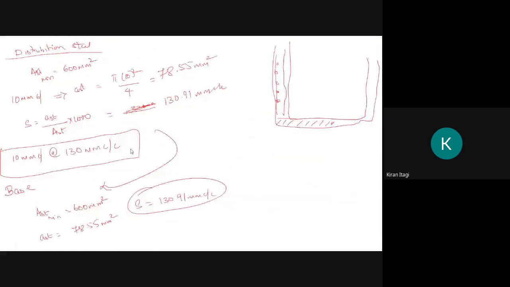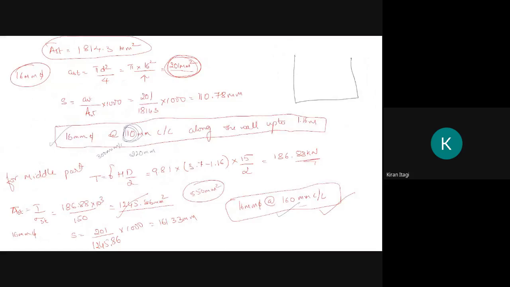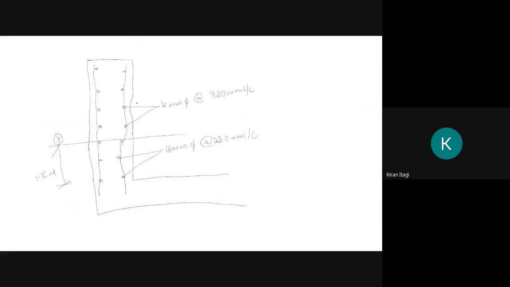Even in a retaining wall, for curtailing also we have shown the double spacing. This is for single facing, this is for double spacing. Here also it is being divided. Here we have got 320 center to center distance.